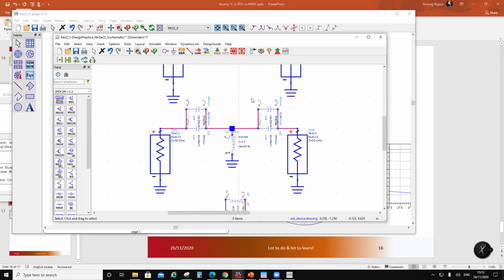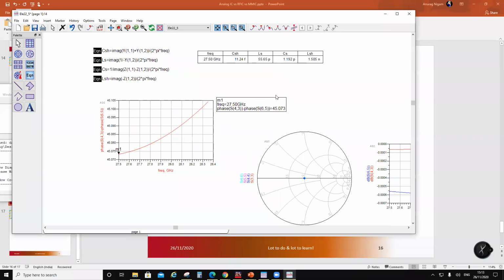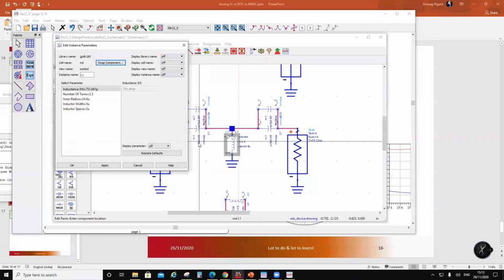Then I want 1.5 nanohenry. 1.5 nanohenry. Okay, this is also at this frequency doable. Okay, so I would just do something like 34, not yet, 38, 42, 1.5 nanohenry, right? 42.